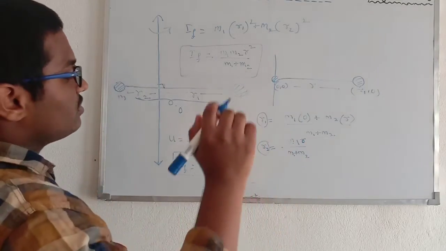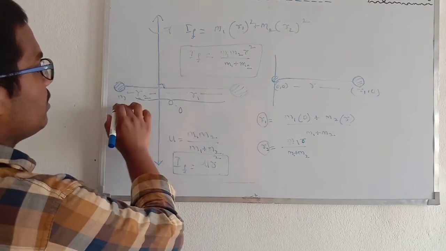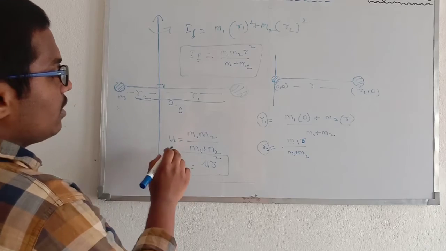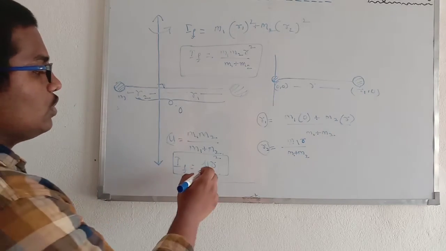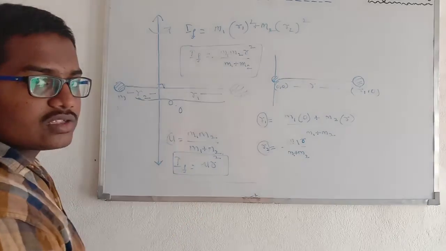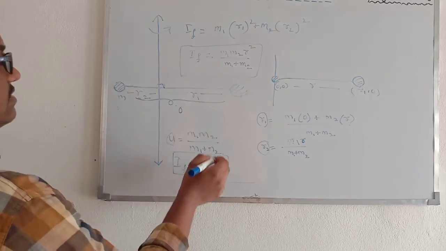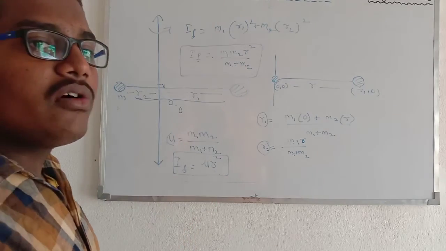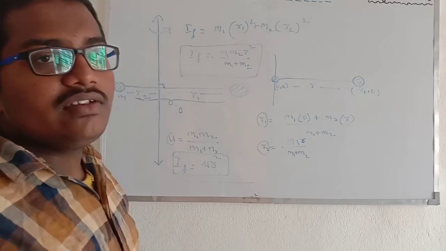You have to directly substitute the values here. u is equal to m1 m2 by m1 plus m2. You will get the u value and directly substitute it in this formula, u r square, that is m1 m2 by m1 plus m2 r square. The same formula is written in this form, but you have to calculate the u value first and then substitute it in the I final formula.